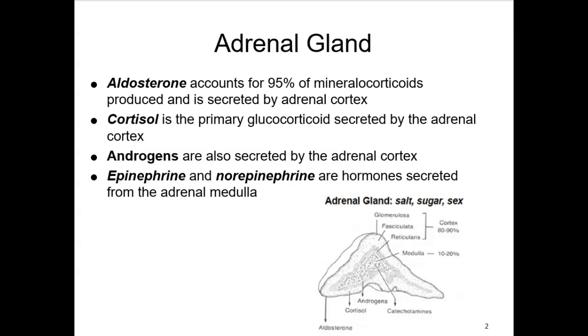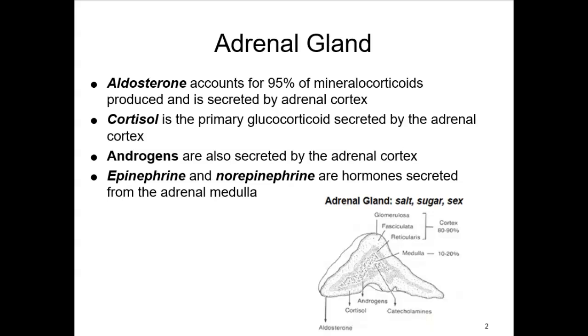The adrenal glands have different areas, including the cortex and the medulla, and they secrete different hormones based on what section we're looking at. Aldosterone, cortisol, and the androgens are all secreted by the cortex.